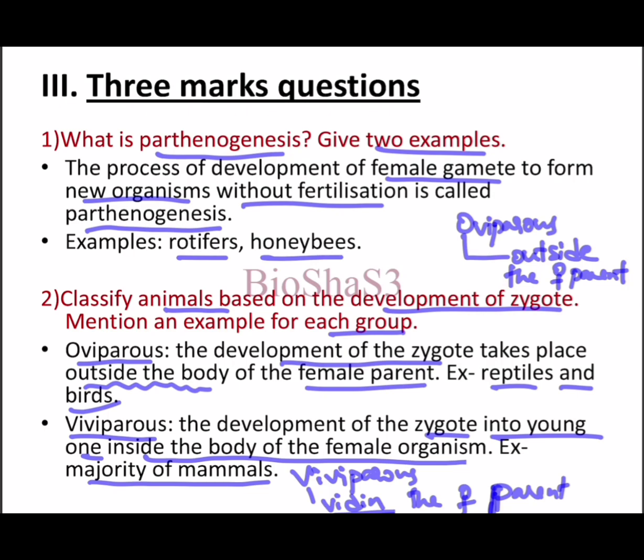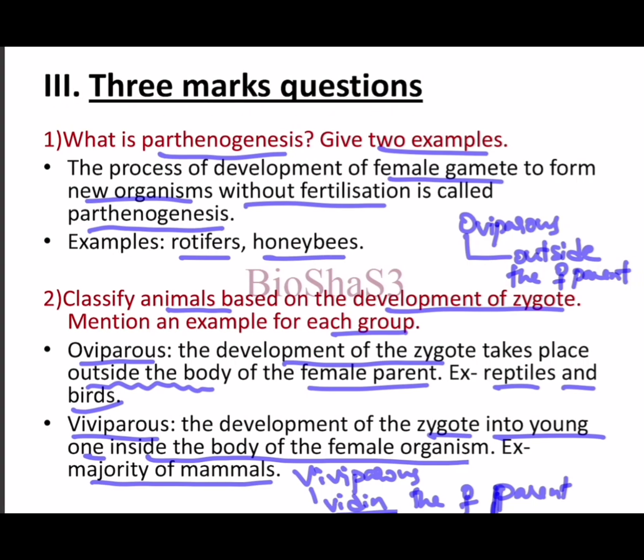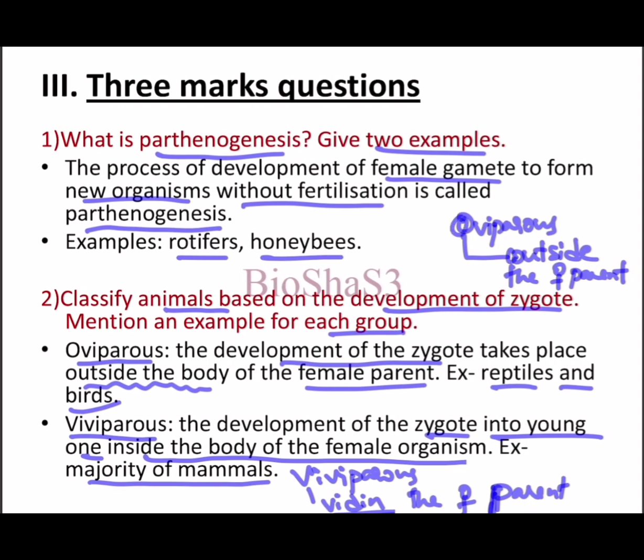So that is viviparous. Oviparous, outside the body, the development will happen outside the female parent. Viviparous, within the female parent. I hope it's clear. I have given you the hint. O oviparous, O outside. Viviparous, V within, VIDIN. If you make it like that, WITHIN, within. But if you are pronouncing within vocally, so like that you remember.